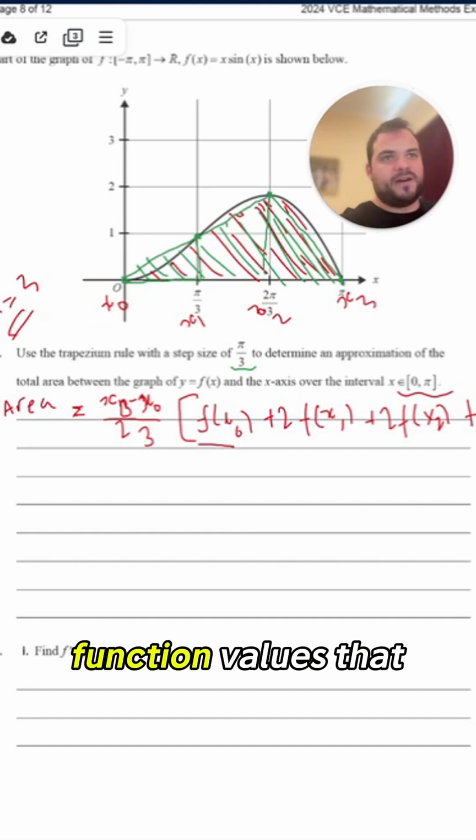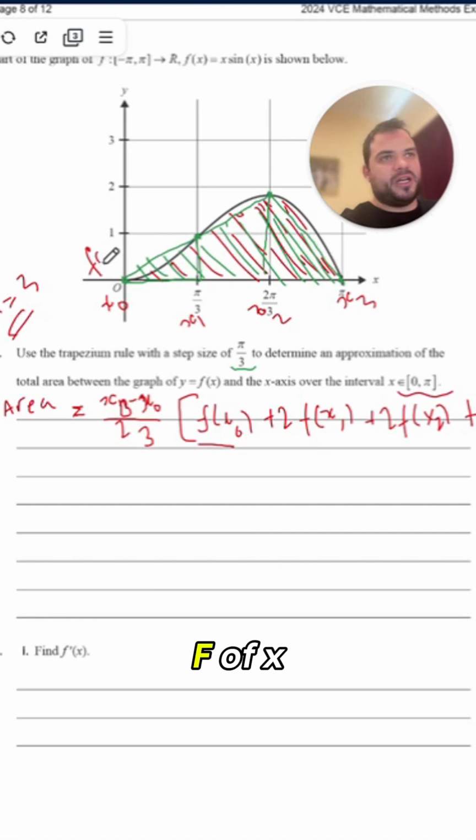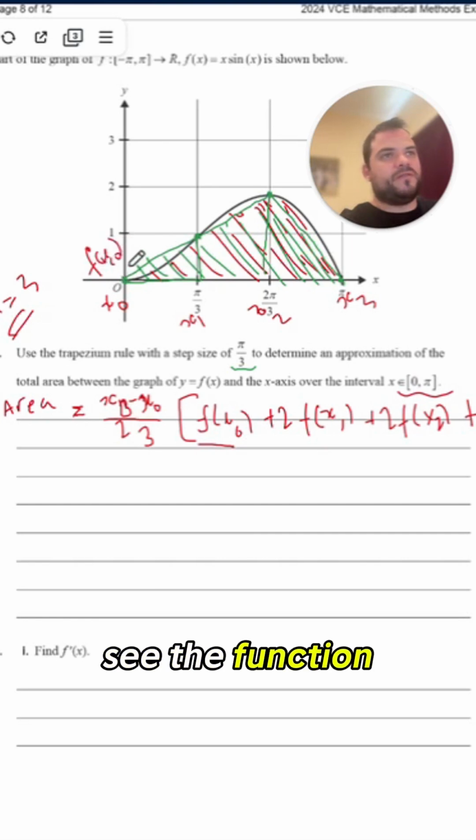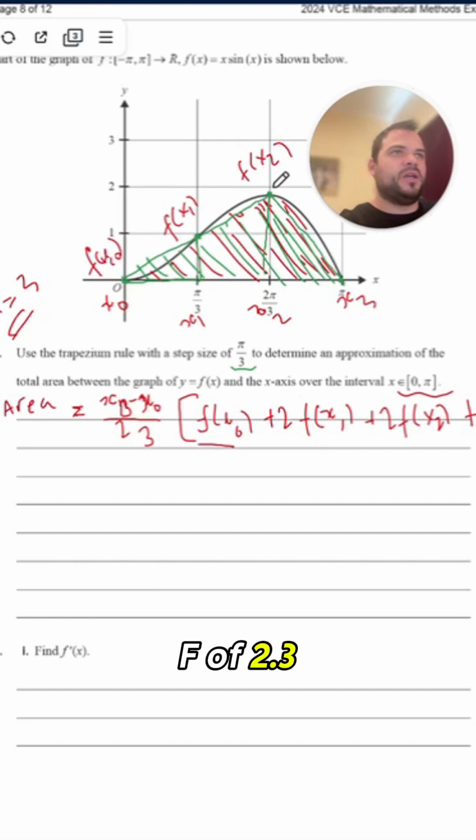So our function values that we have here, we've got f of x naught. We can see the function is 0. Then f of x1 looks like it might be about 1. f of x2, which is f of 2 pi on 3, maybe about 1.8. And then f of x3 is 0 again.